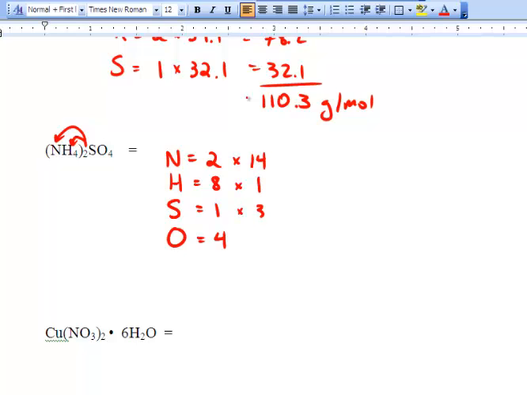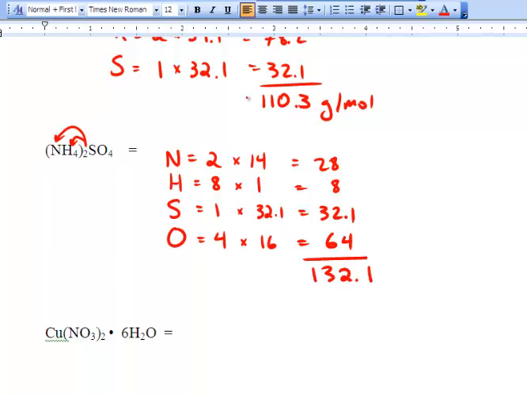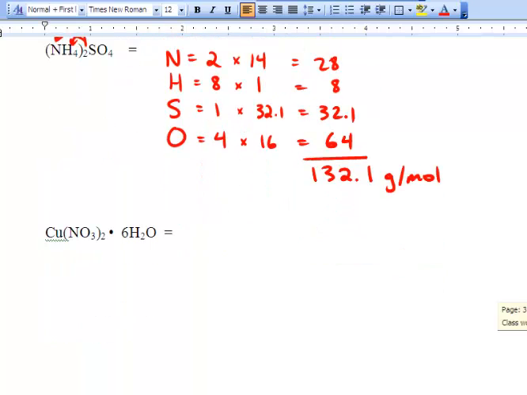Sulfur is 32.1 grams per mole, and oxygen is 16 grams. So we multiply all these out, and altogether we get 132.1 grams per mole. Just like the other one, if we had a mole of ammonium sulfate, NH4, it would weigh 132.1 grams.